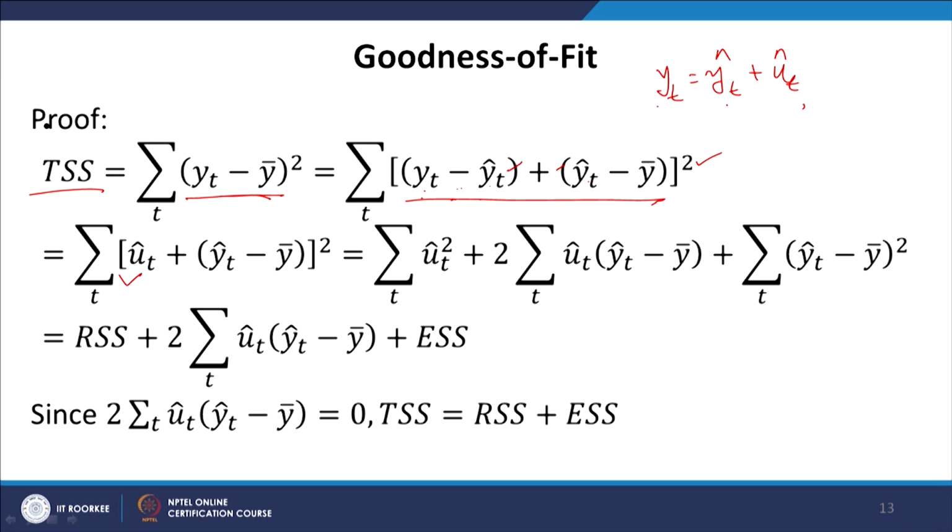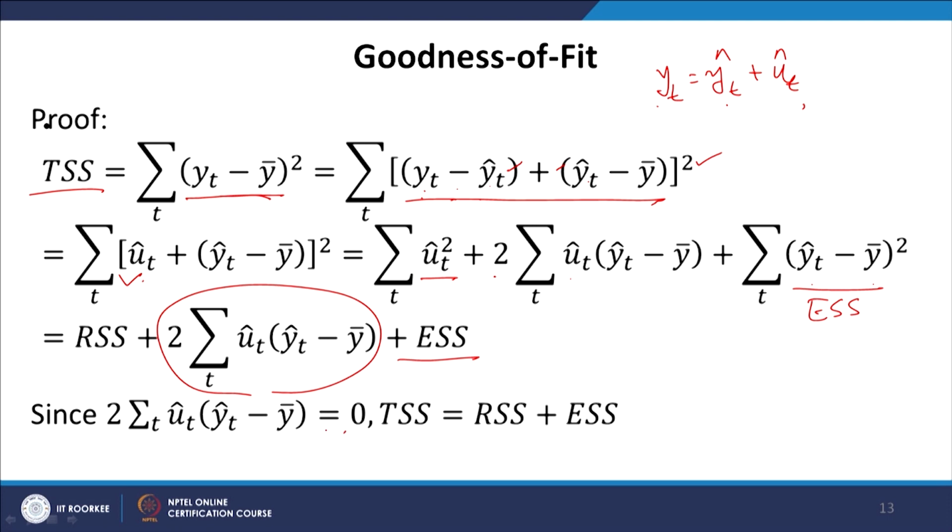Now, when I expand it and take separate summations, I have ut hat square, 2 ut hat into yt hat minus y bar, and then yt hat minus y bar whole square, separate summations. So, this is simply RSS the way we have defined RSS. This is simply ESS the way we defined ESS in the previous slide. So, I am left with this expression, and this expression is equal to 0.